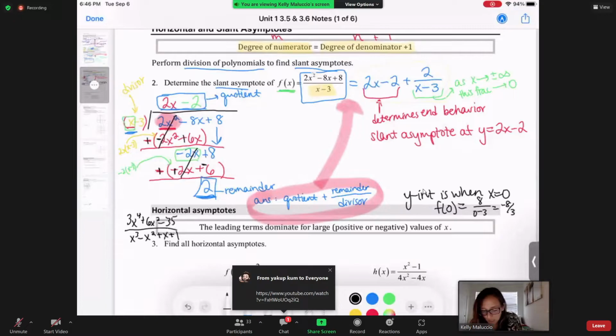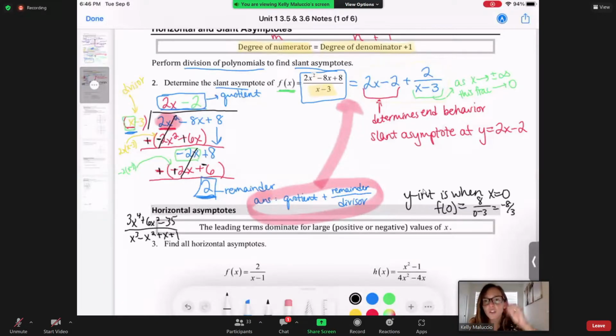Again, this is not a real example, do not try this. This is not going to work. But if you had something where the degree is so big, I don't know a way that synthetic division works. This is why I like polynomial division better, just because polynomial division will never fail you. You can still set this up and still try to solve, right? Whereas long division or synthetic division could fail you potentially.